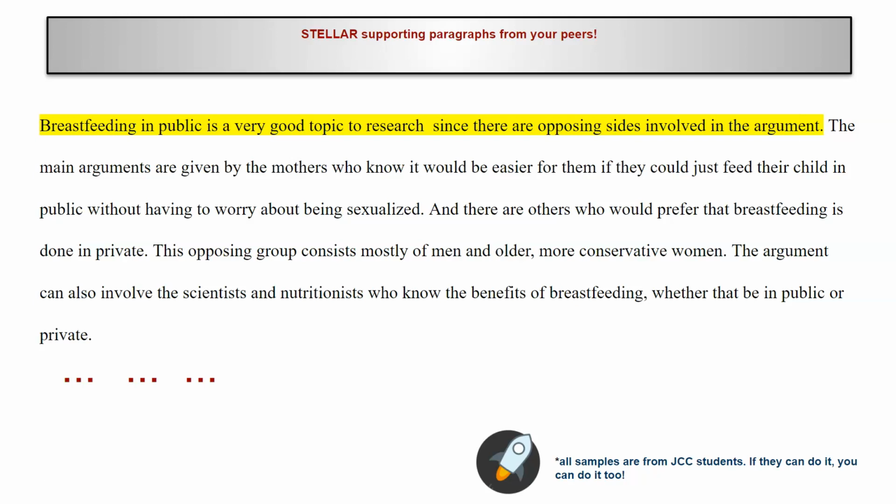The argument can also involve the scientists and nutritionists who know the benefits of breastfeeding, whether that be in public or private. So what this is doing is that it's talking about the opposing sides involved in the argument. And in this case, that is definitely something that you want to be considering, and that is something that we will be talking about within the third paper, actually, is opposing sides to your argument.